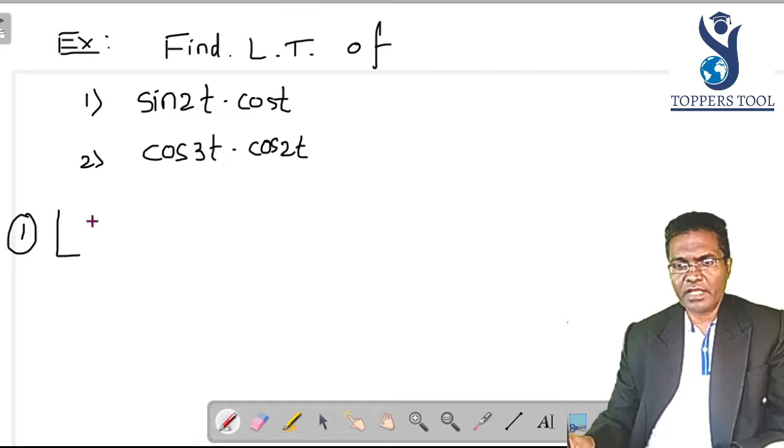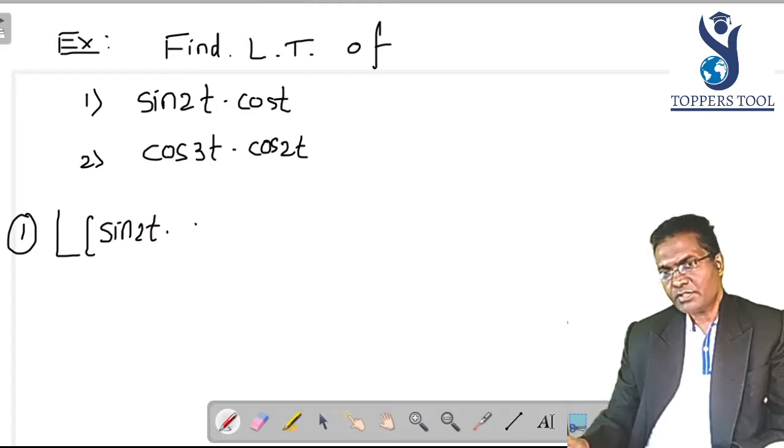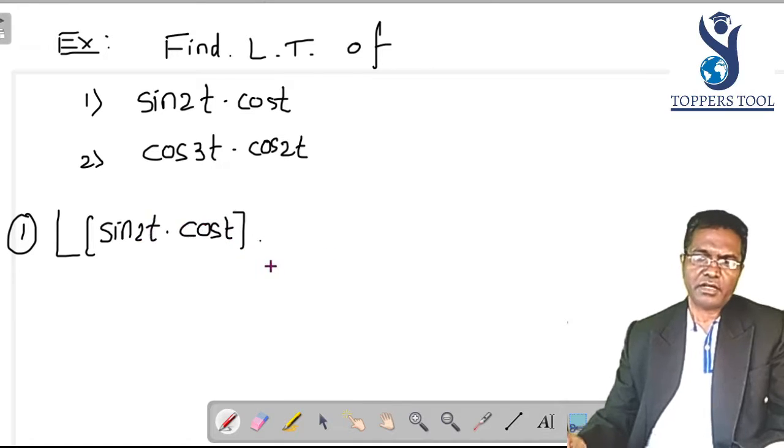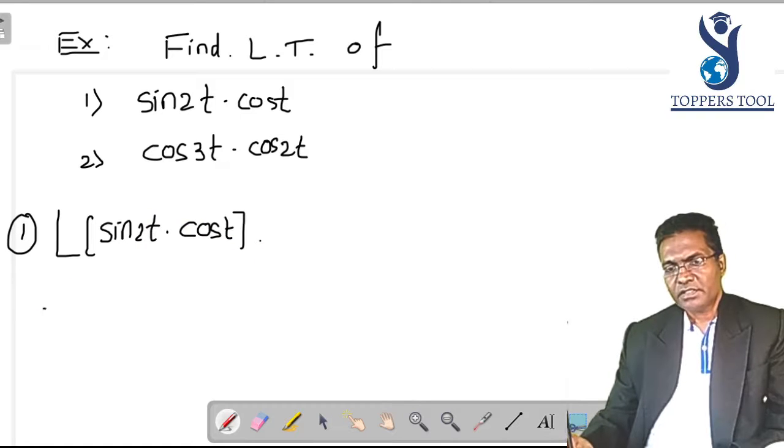Now see here, we want L of sine 2t into cos t. You need to express this product as a sum.